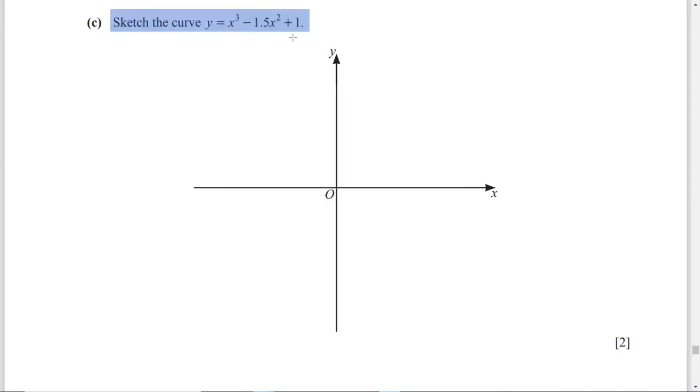And we need to draw the sketch for this cubic equation using the x-intercepts, the maximum or minimum points, which are also called turning points or stationary points, and the y-intercept. But in this question, we can use part B because we already have two stationary points, and these are (0, 1) and (1, 0.5).